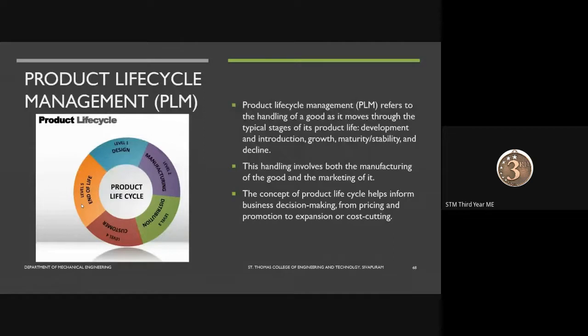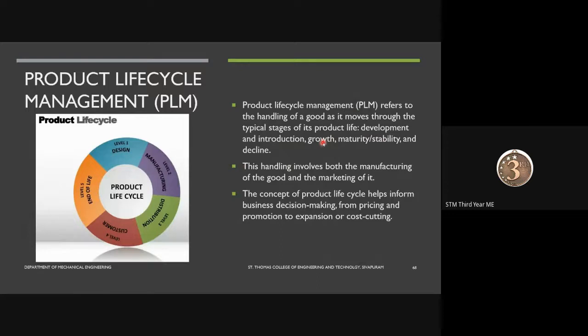The four stages of product lifecycle management are given here: development and introduction, growth, maturity or stable, and decline. So we are handling the product life. Why do we have to handle product life cycle?